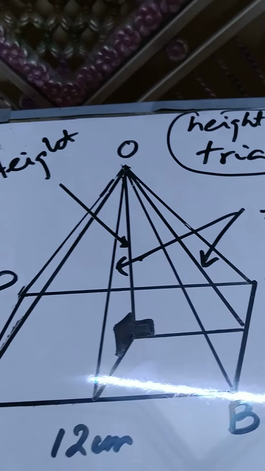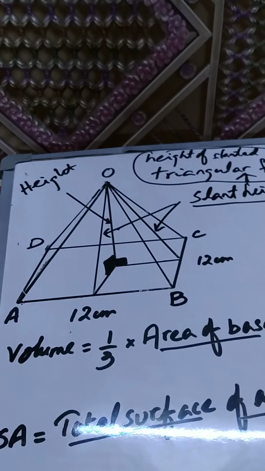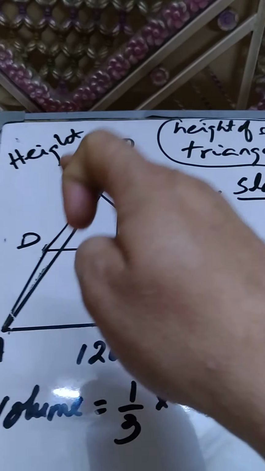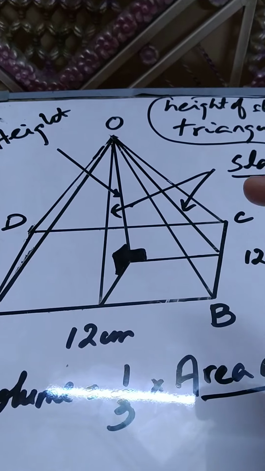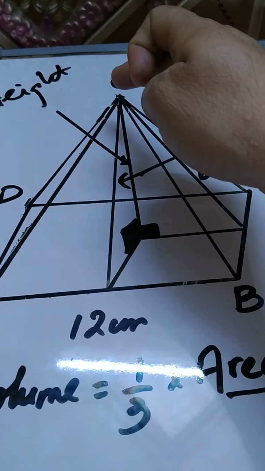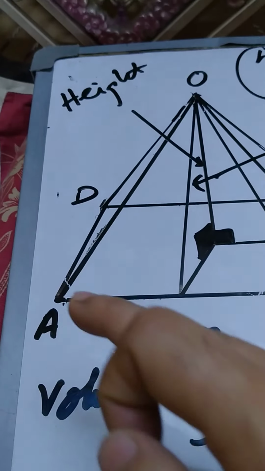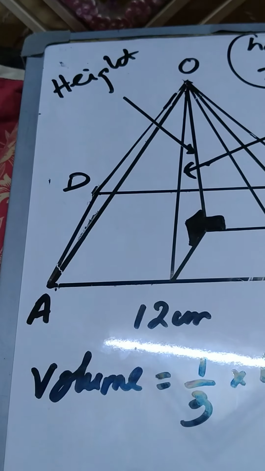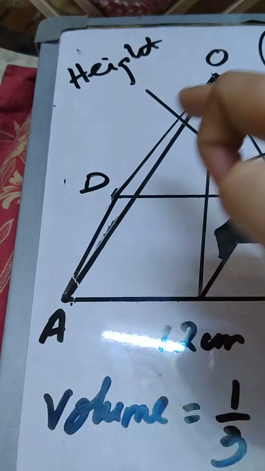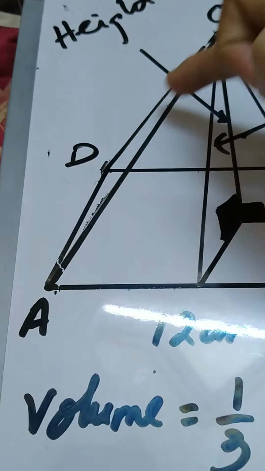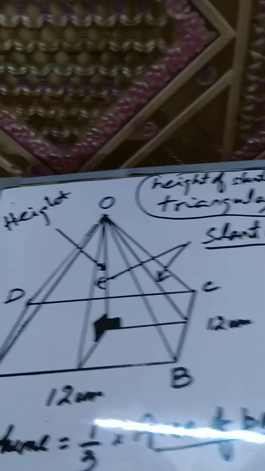So this is the second triangle. The third length is CD. So guys, look here, CD. There is one more triangle attached with it, COD. That is the third triangle. And the fourth side is AD. With AD, there is also a slanted triangle attached with it, AOD. This is the fourth triangle.